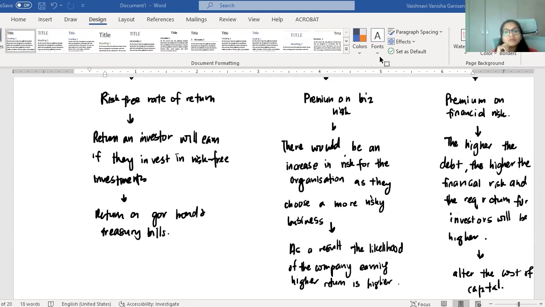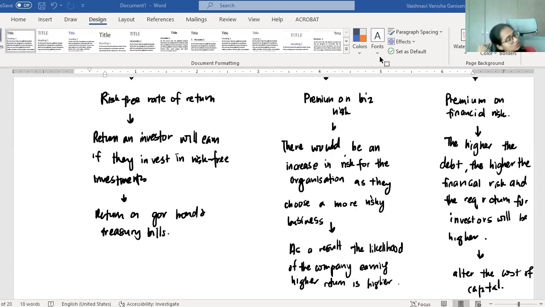Okay. Now, when we talk about the cost of capital, all right, I've already given you the introduction on the cost of capital itself, as in I've already told you what is cost of capital, what does it mean, what is the definition, when would you use it, and what are the main elements in the cost of capital.